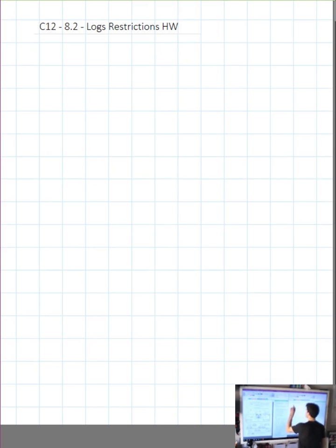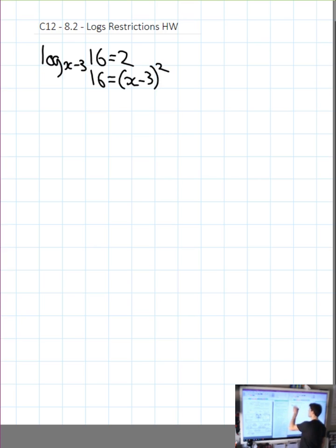Okay, let's see another log equation. So log base x minus 3 of 16 is equal to 2. So remember, the base to the other side, the thing you're logging equals the base to the other side. Now remember, squared means times by itself. So 16 is equal to x squared minus 3x is minus 6x, and minus 3 times minus 3 is positive 9.